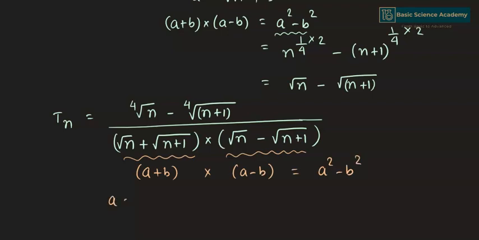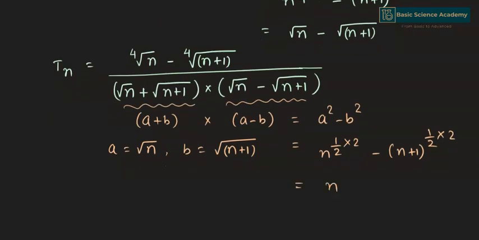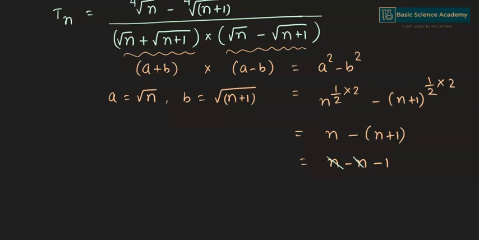Here we have a equal to square root of n and b equal to square root of n plus 1. So this gives a square is n to the power of 1 by 2 and square is 2 minus b square is n plus 1 to the power of 1 by 2 multiplied by 2, and this is equal to n minus n plus 1, which is equal to minus 1, where the plus n and minus n will cancel out to give minus 1.